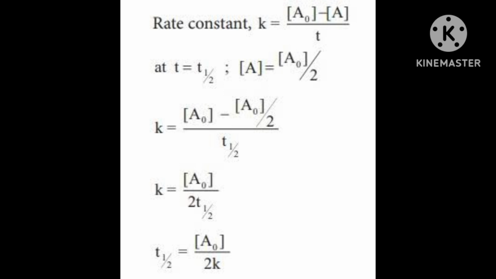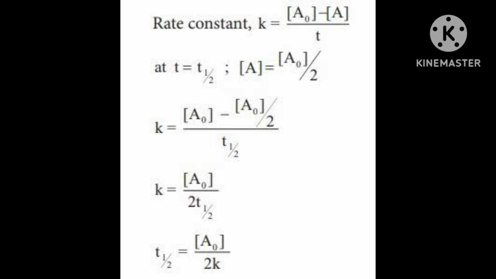T divided by T half: if you write the expression for both, T equal to 6.909 divided by K, divided by the T half value, then all terms will cancel and only 10 will remain.